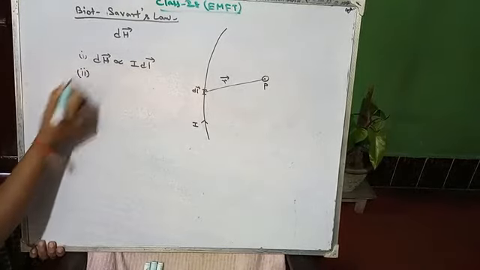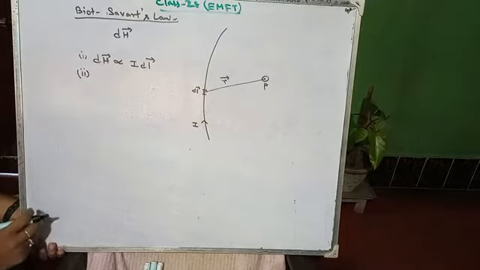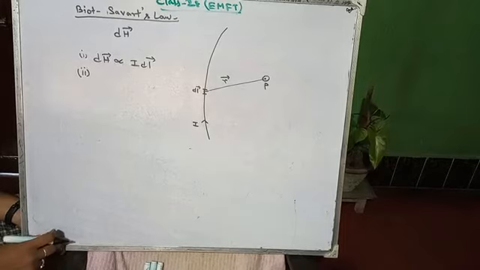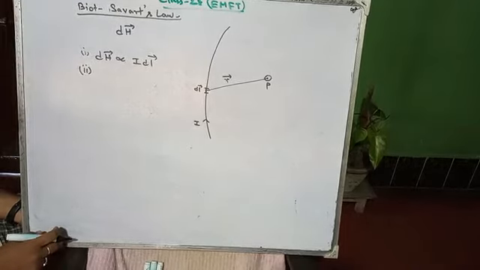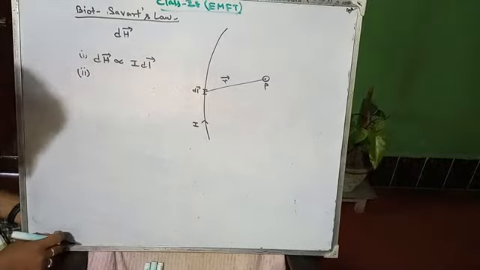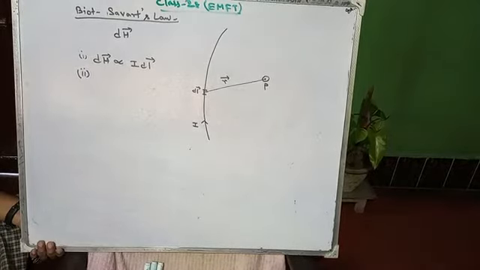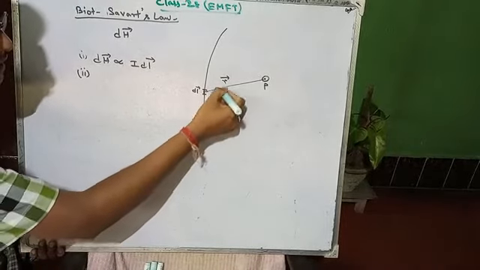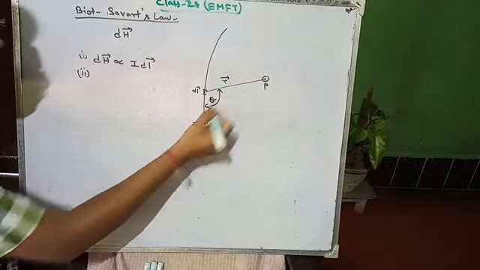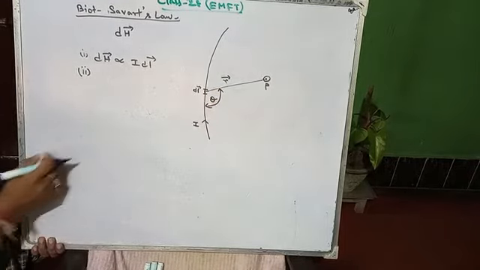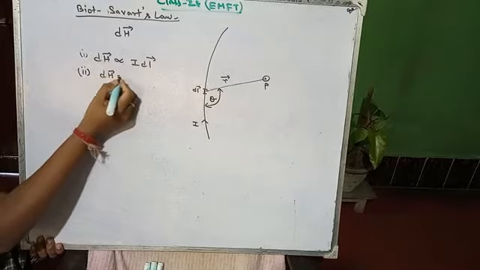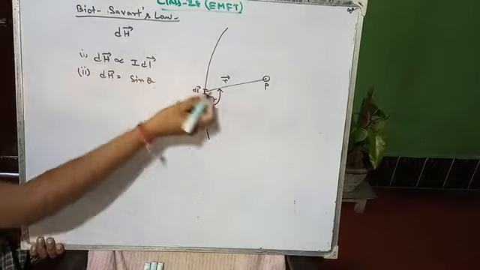Second, it is directly proportional to the sine of the angle between the element and the line joining P to the current element. This angle is taken as theta. So dH is proportional to sine theta.